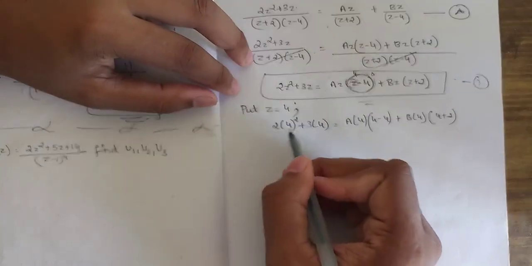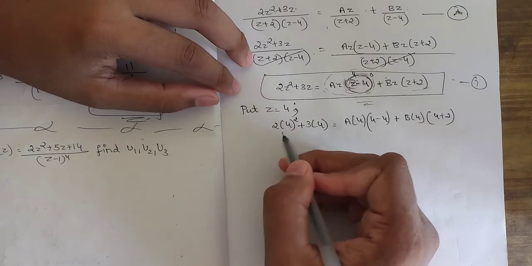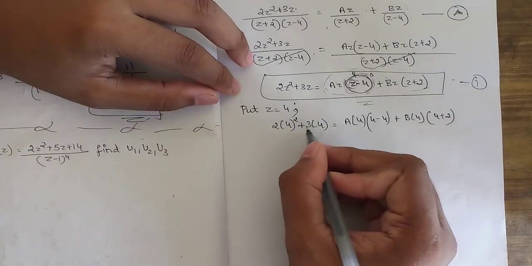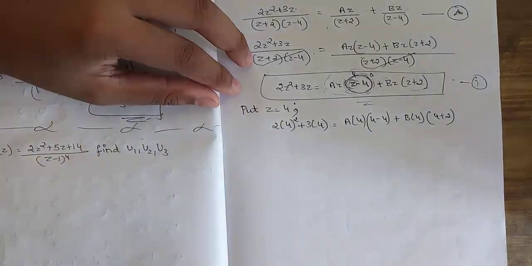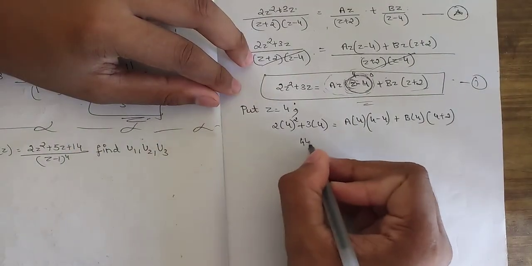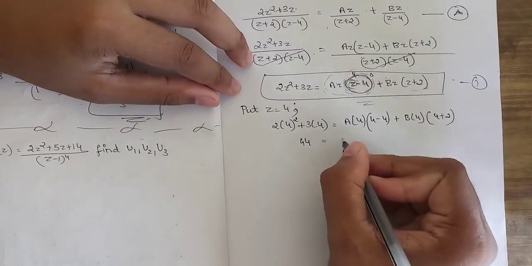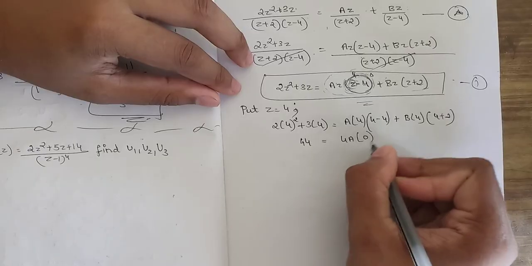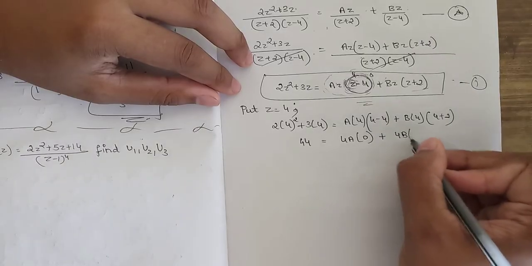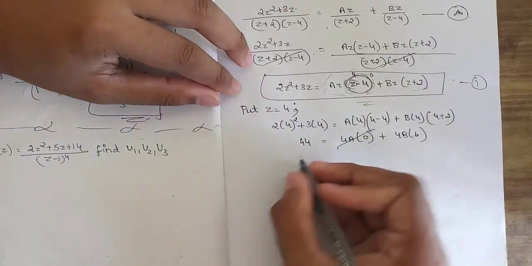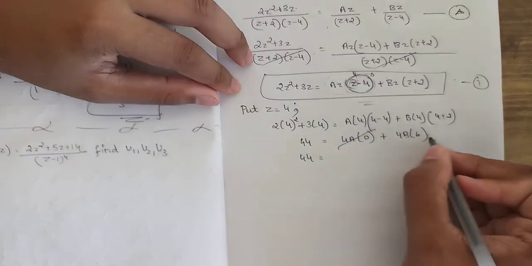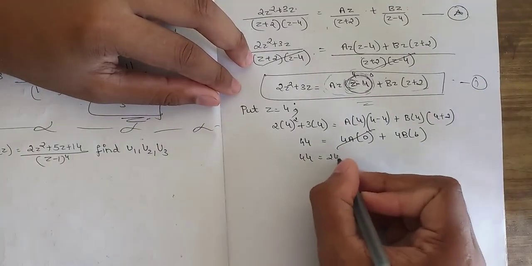Let's solve this. 4² is 16, 16 2s are 32, 32 plus 3 4s are 12, so 32 plus 12 is 44, equal to 4A into 0 plus 4B into 6. So this becomes 0. 44 is equal to 4 into 6, that is 24B.